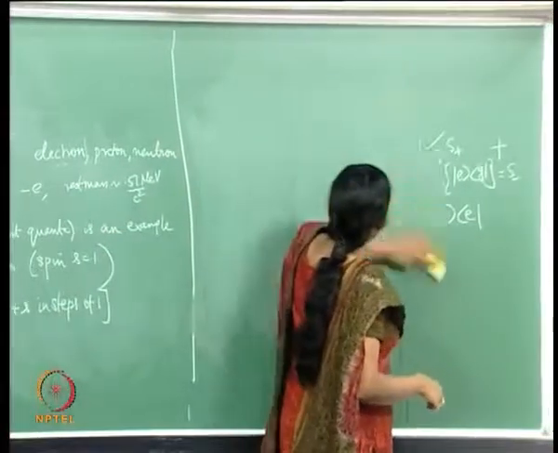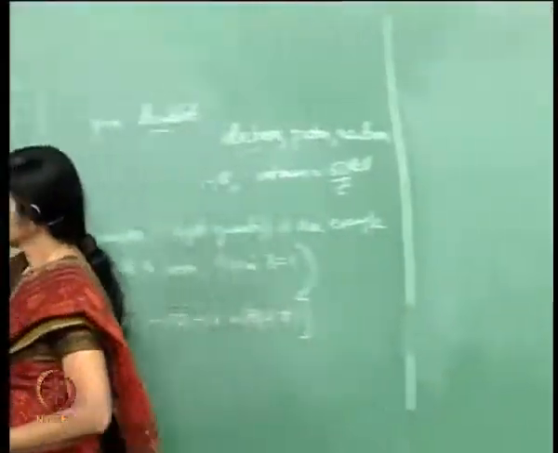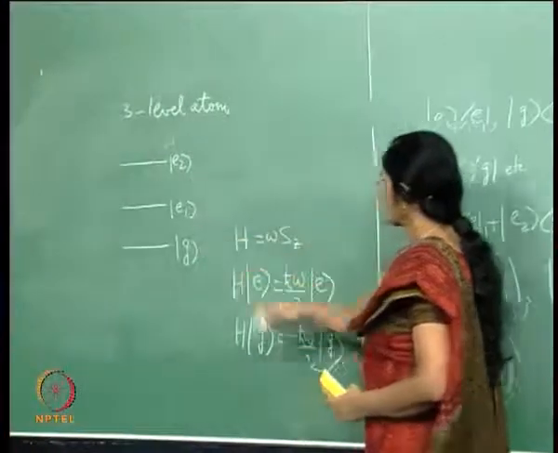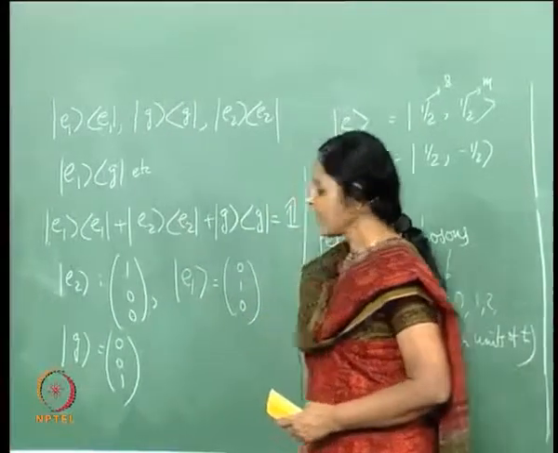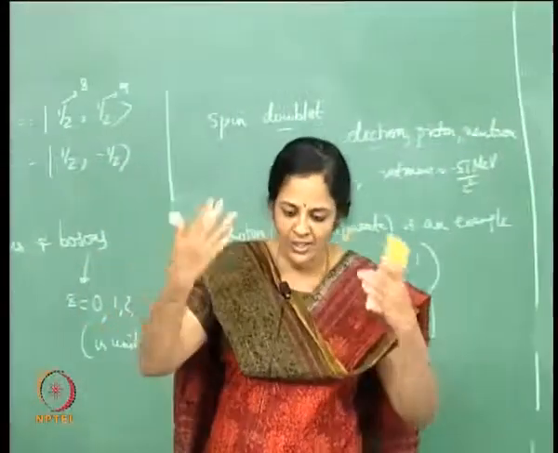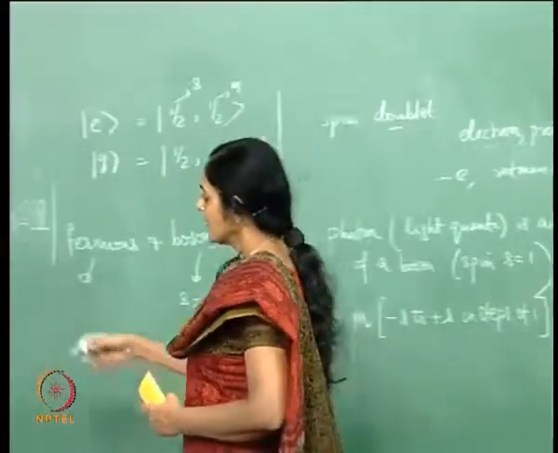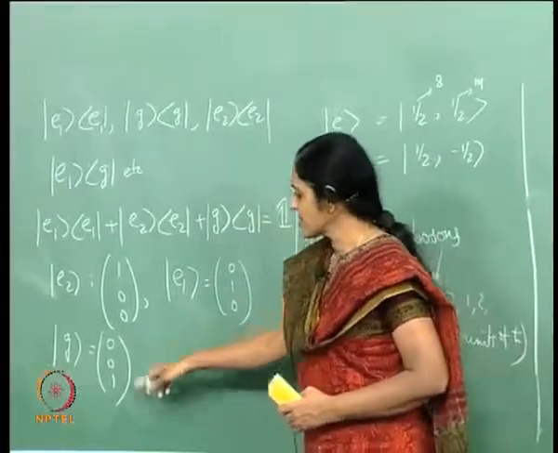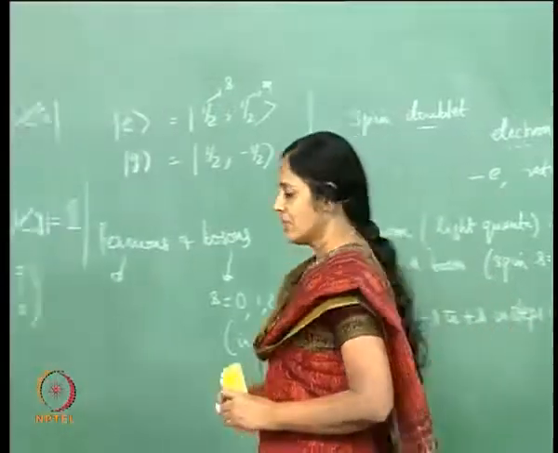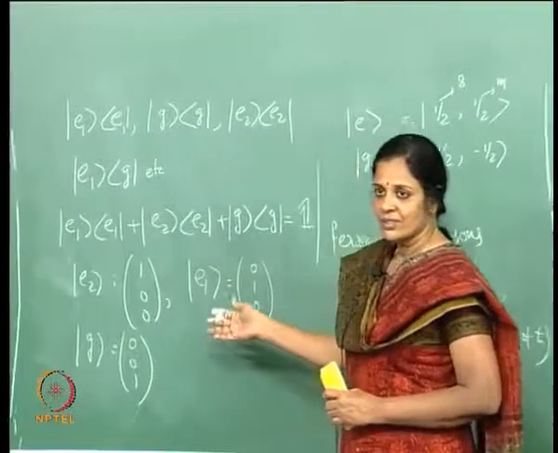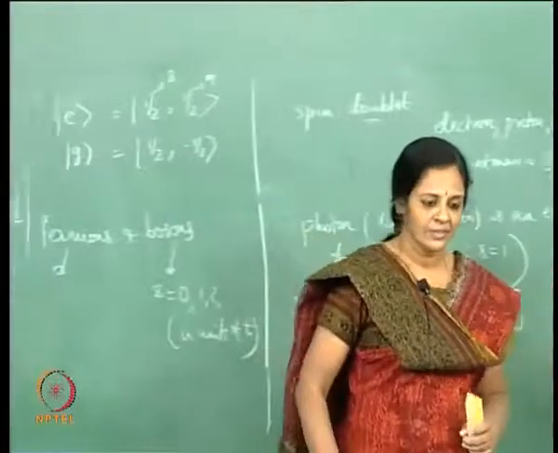It would be a very good exercise to try to interpret the various operators that one can form in the case of the 3-level atomic system, and I would urge you to do it so that you get a complete understanding of what exactly happens in this system. It is evident that there are 3 basis vectors in this case, and therefore it is no longer the 2-dimensional linear vector space that we spoke about. The linear vector space is larger. It is good to check out all the properties of the linear vector space in this context.